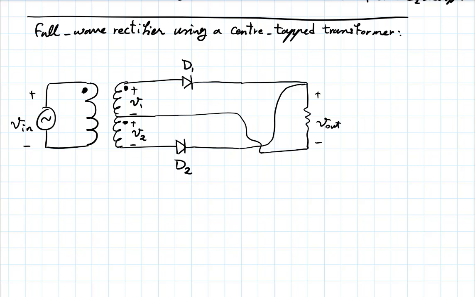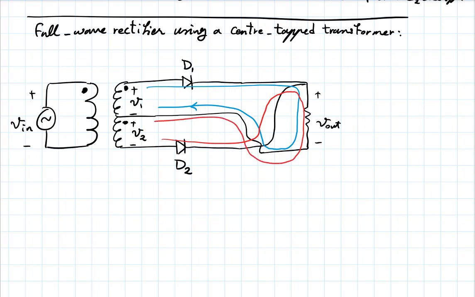And in the positive half of the cycle, you have this. In the negative half of the cycle, you have this. So again, you see that in both cases, you have the current going in the same direction in the output.